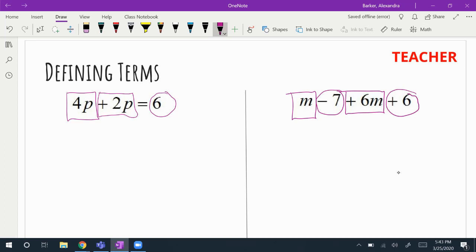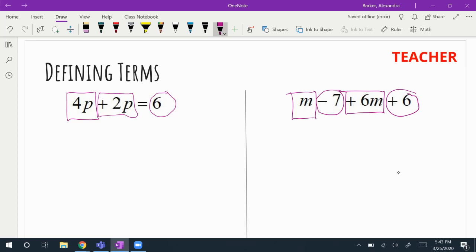The reason that I'm putting these in boxes and circles is because I want to visually see the difference. You cannot combine the boxes with the circles. So over here, we could not combine this 6M with this 6. That would not be 12M. These are two different types of candies. One is Skittles, one is M&Ms. You cannot combine them together to count them as the same candy, okay? We cannot combine our variable terms with our constant terms.